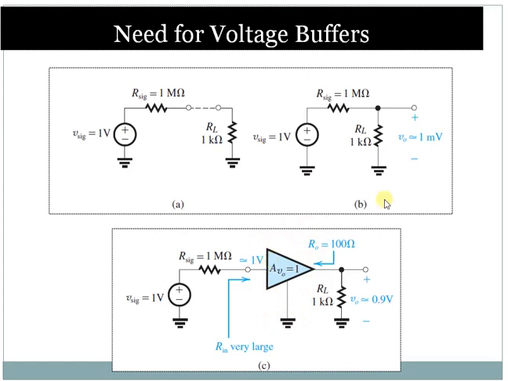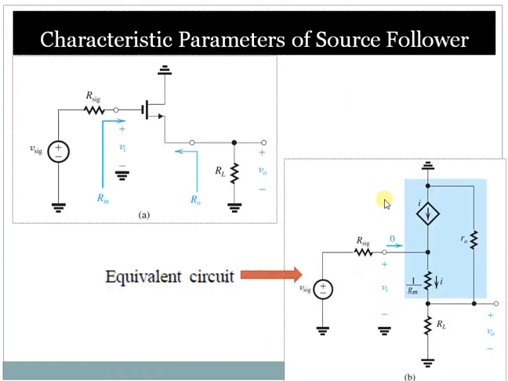So with this, let us step forward to understanding and deriving the characteristic parameters of the source follower or the common drain amplifier. When we talk about the characteristic parameters, we basically mean that we need to obtain the equations for the input resistance of the amplifier, the open circuit voltage gain, the gain of the complete circuit, and the overall voltage gain.